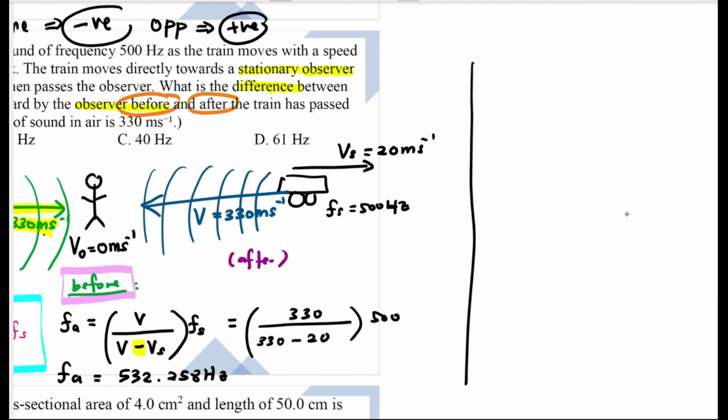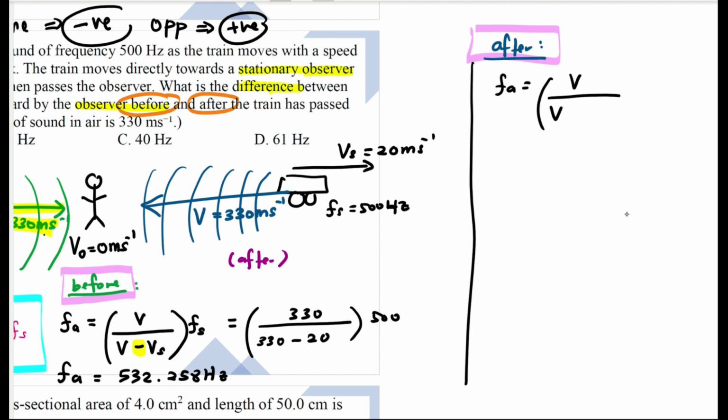So, ini after. Okay. After. So, dia akan jadi apa? FA. Okay, sekarang tengok pula direction. Sama je macam tadi konsep dia. Okay, V plus or minus V observer 0, tak payah tulis lah. So look at the direction.